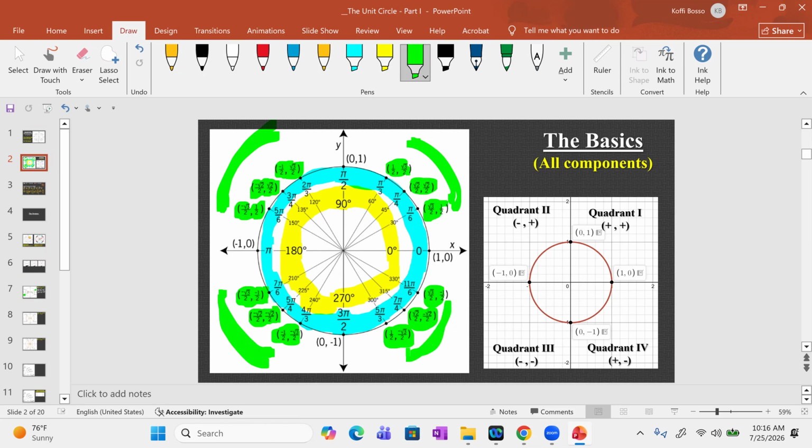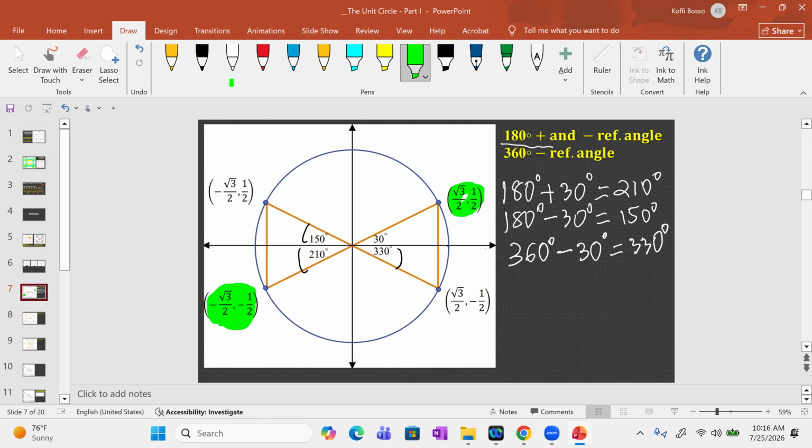But if you see quadrant 4, you'll see that the x values are positive, but the y values are negative. You'll see here that we have the same value except that the signs are negative. Or if you go here, same value except that the x value is negative, but the y value stays positive.